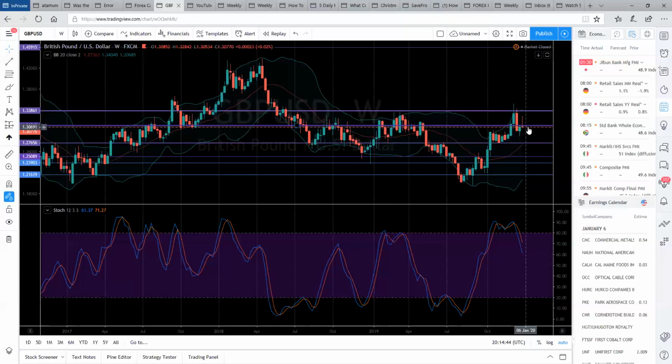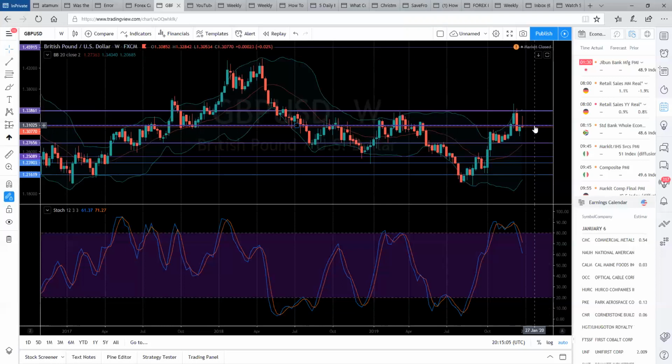We call it an inverted gravestone doji. Basically, the price action here is telling us the upside is no longer feasible. We're looking at more downside right now because we don't have any more upside moves.